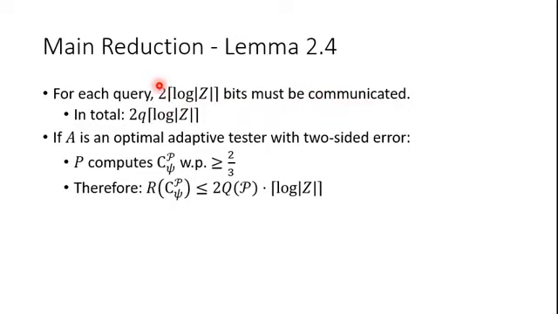Both Bob and Alice send their results, so in total for all the queries we have 2q times the upper bound log z. And of course, if A is an optimal adaptive tester with two-sided error, then P computes CP psi with probability at least 2/3, and therefore the communication complexity is less than or equal to twice the number of queries times the upper bound on bits per query.